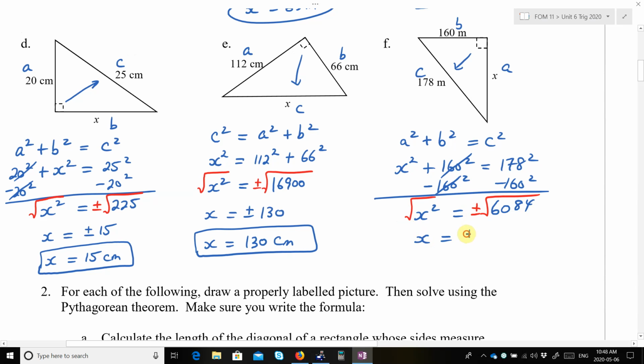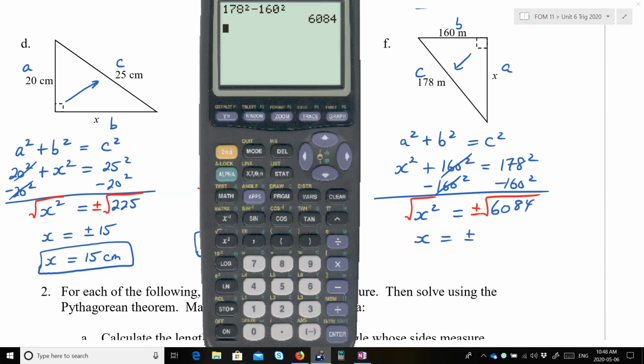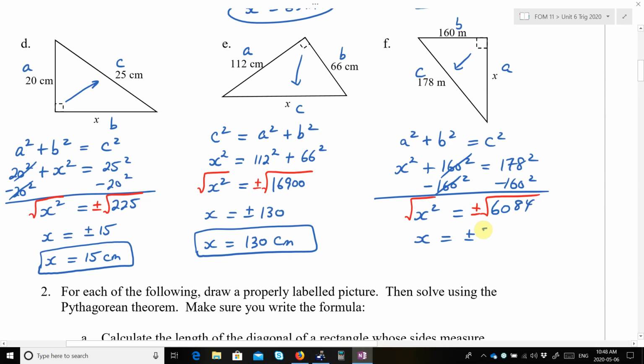So X is equal to plus or minus the square root of that answer, and we get 78. And so x is equal to 78 meters. Okay, again, looking good with the answer key.